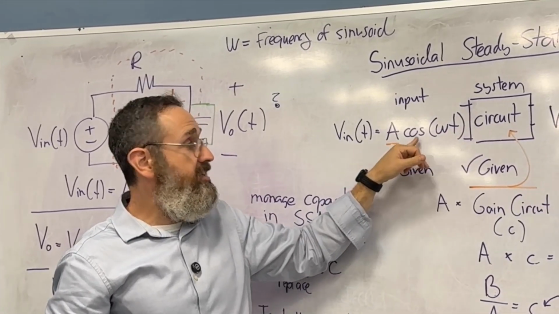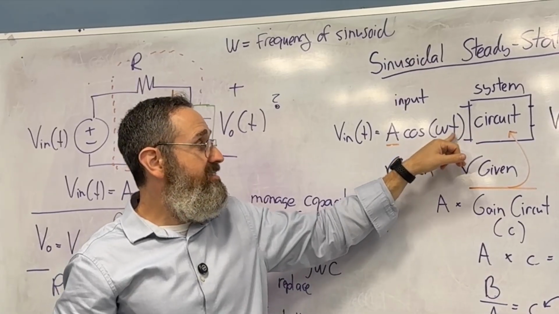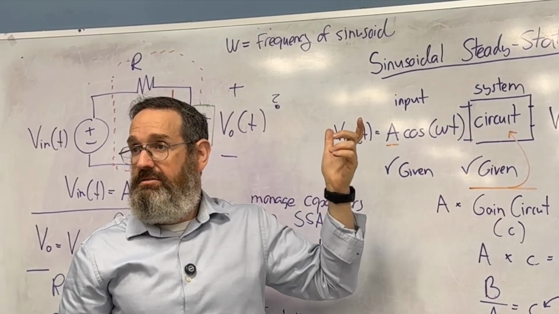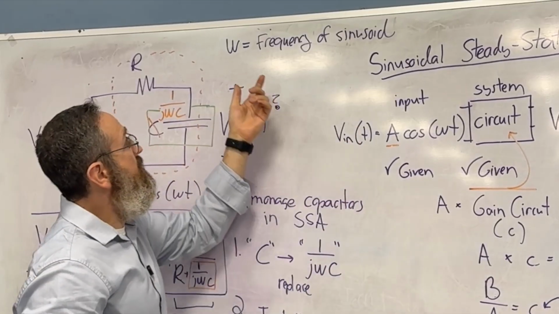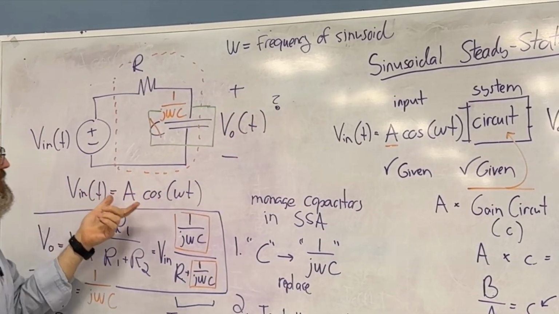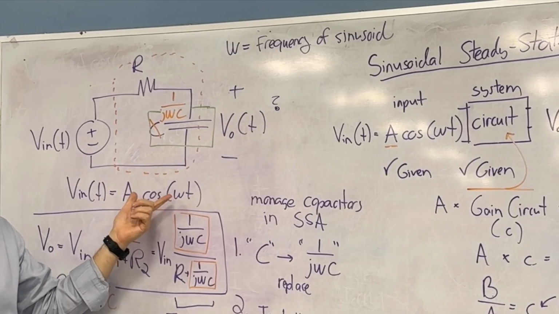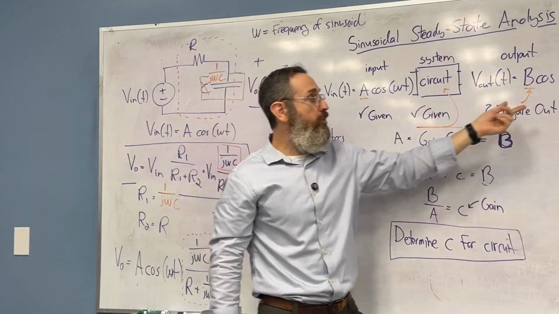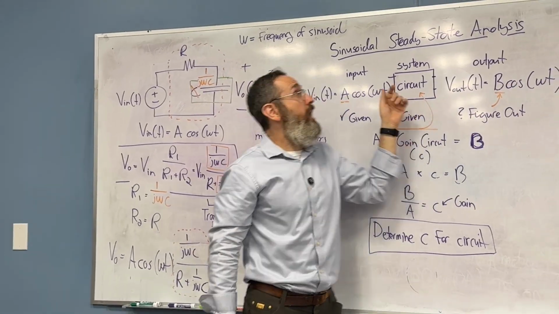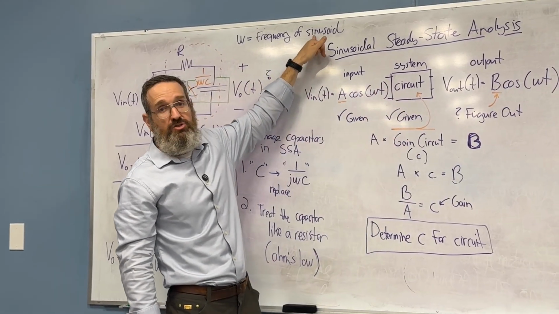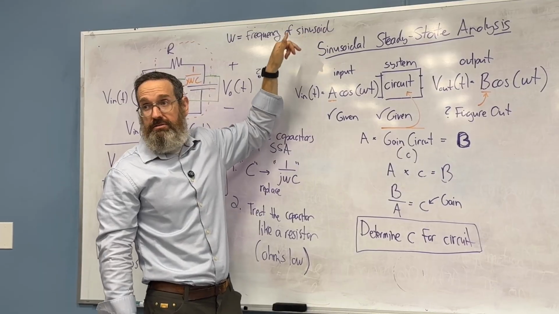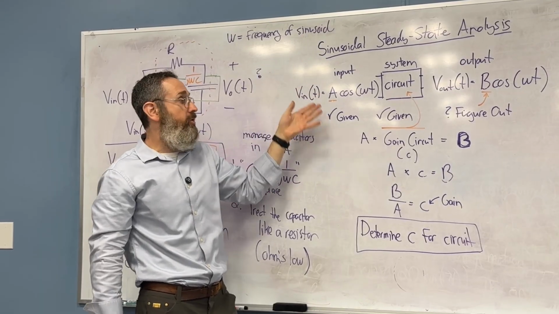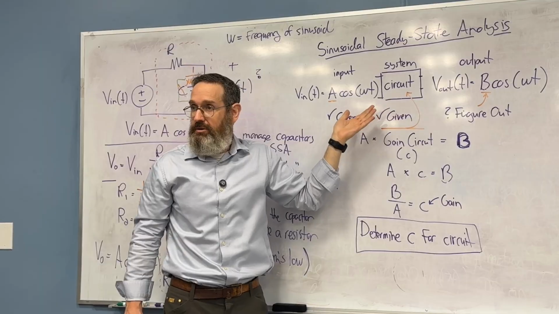If it's 13 cosine of 6t, W is 6. So this here is in fact coming from the input. Now it turns out it's also the frequency of the output because they're the same. So I didn't say frequency of the sinusoid input because I could have, but it's really the frequency of the only sinusoid we're talking about.